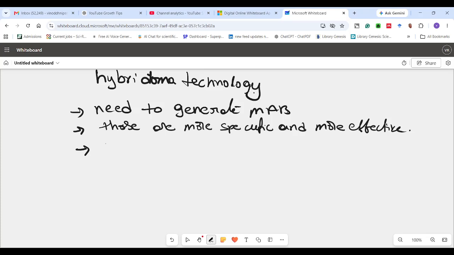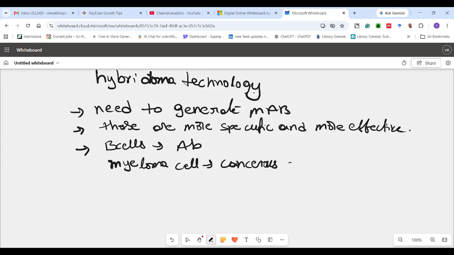One cell line is B cells, which help in producing antibody, and the other cell line is myeloma cells, which are cancerous cells, immortal cells with continuous growth.